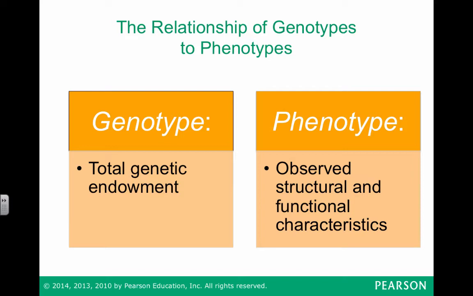And so sometimes they study twins that were separated and raised in different environments, or people that have similar genotypes, but then because of other things in their life, their phenotype ends up being different.